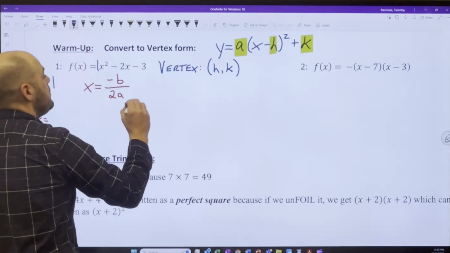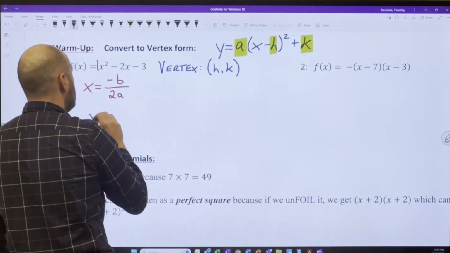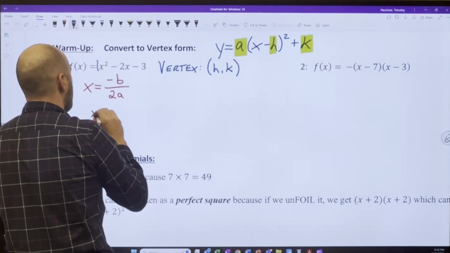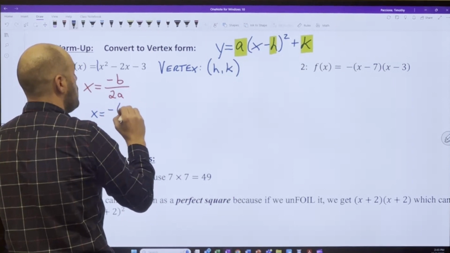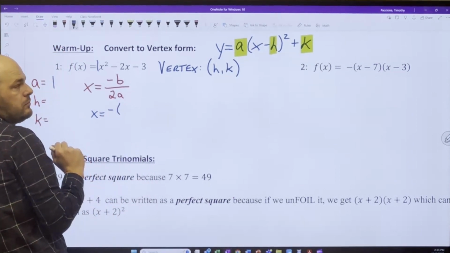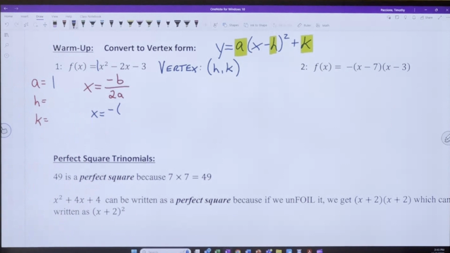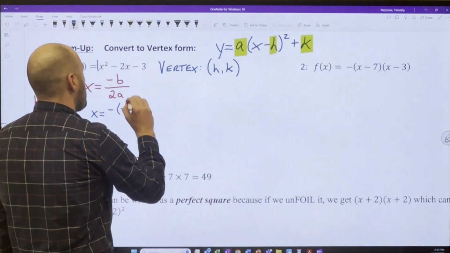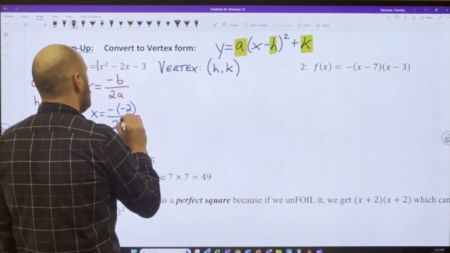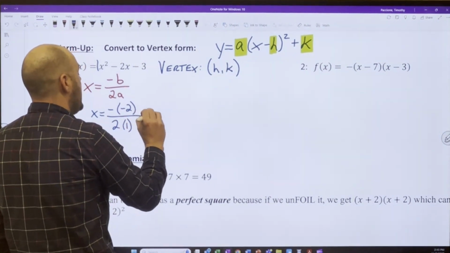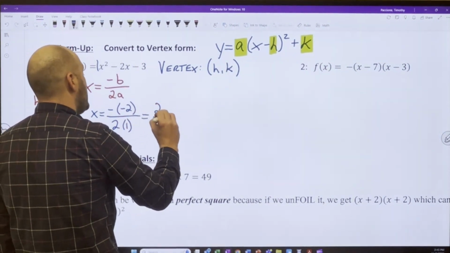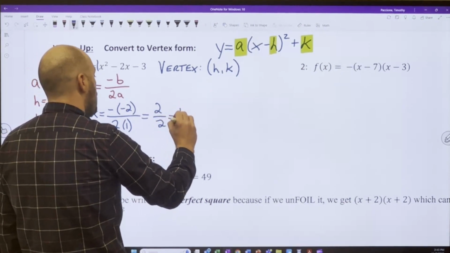For us, that's x equals negative what? What's our b? Negative 2, divided by 2 times 1, because that's our a. So that's positive 2 divided by 2, that's 1.